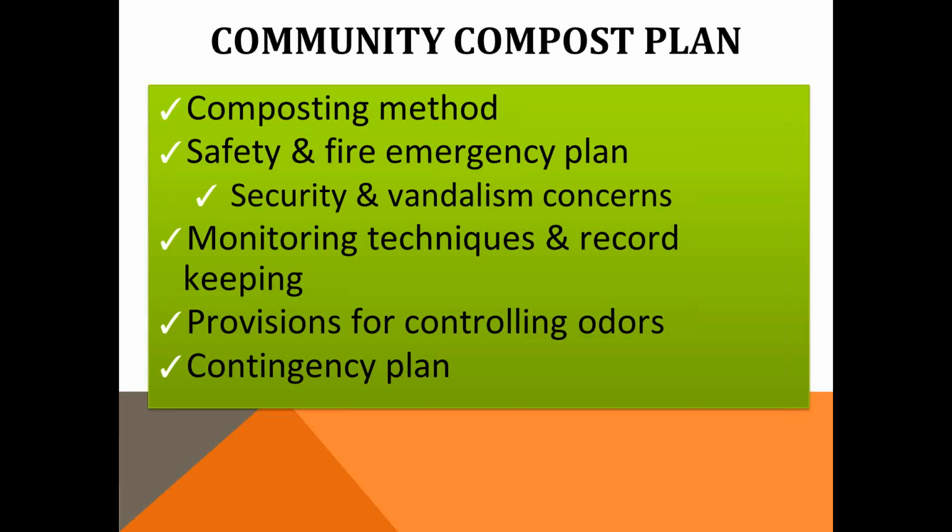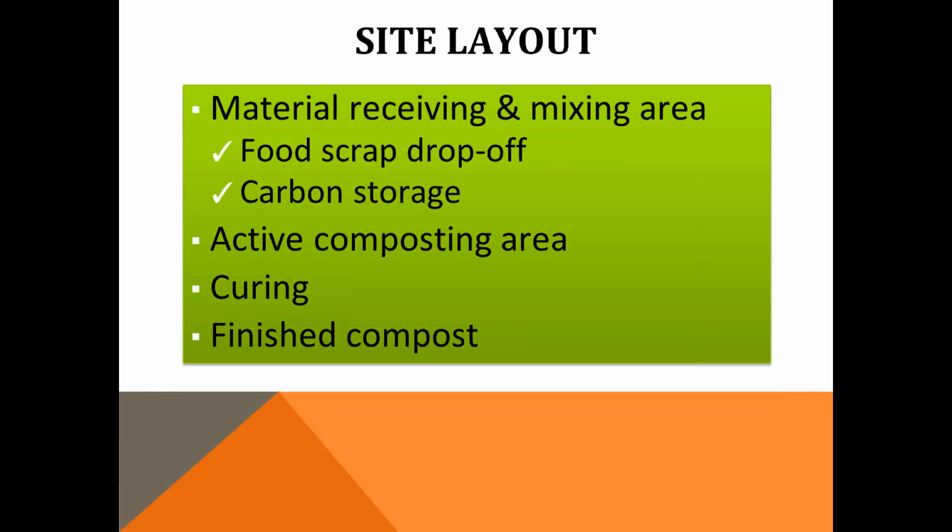It's very important that you monitor your techniques, and your record keeping is vital. Provisions for controlling odors: what's going to happen if you get some odors, and how can you manage those? And then a contingency plan is very important. What happens if your volunteers don't show up for food scrap collection? Do you have a mechanism in place for calling and letting people know? How about the winter? Can you prepare for winter? What if it's snowing on your collection day? Those are practical things to prepare for.